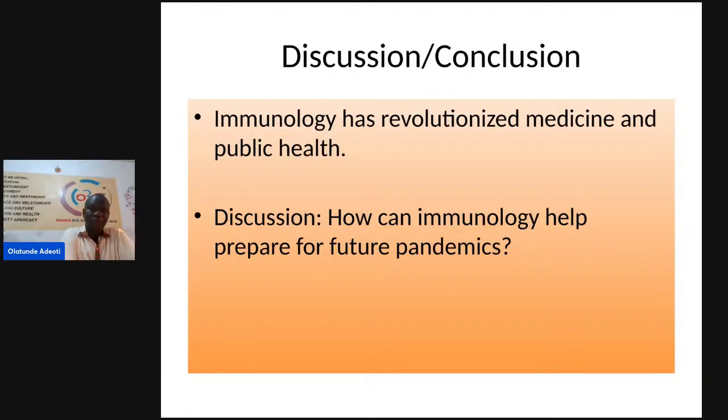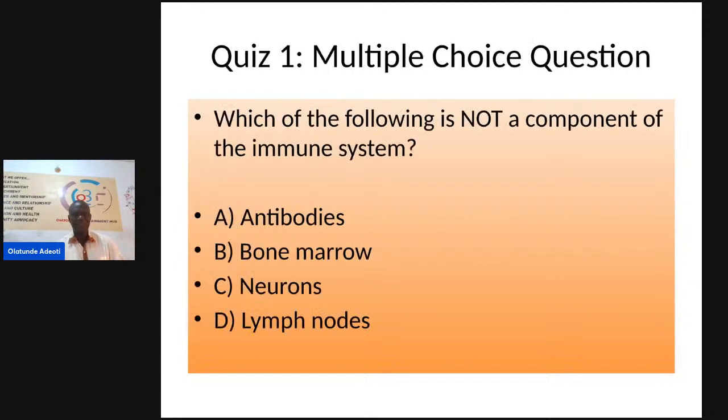The first discussion, which you should answer in the comment section, is: how can immunology help to prepare for future pandemics? Then the multiple choice question: which of the following is not a component of the immune system? Is it antibodies, bone marrow, neurons, or lymph nodes? I want the answer.